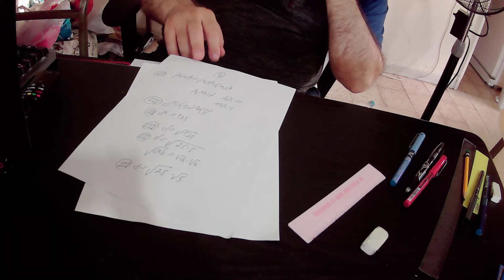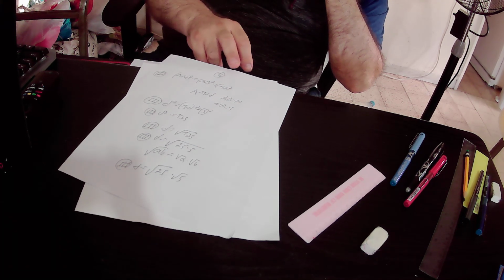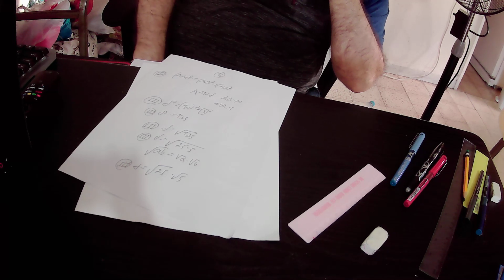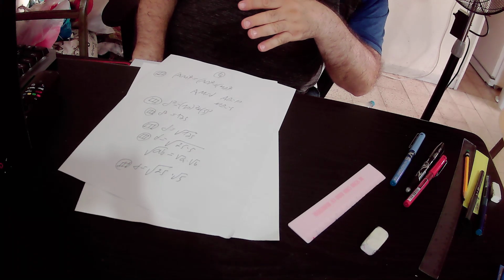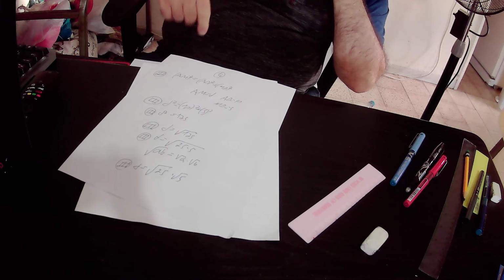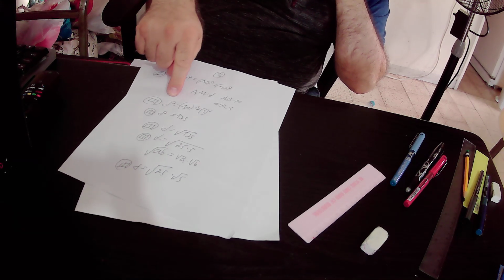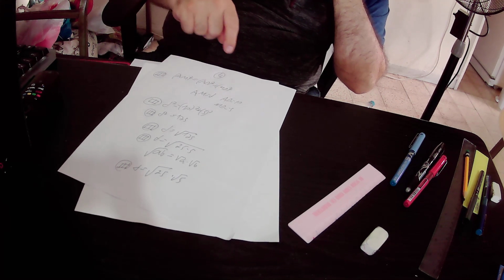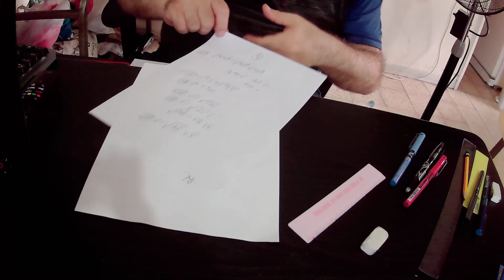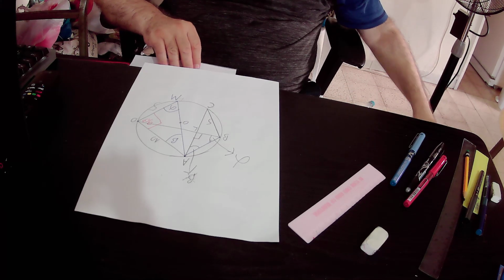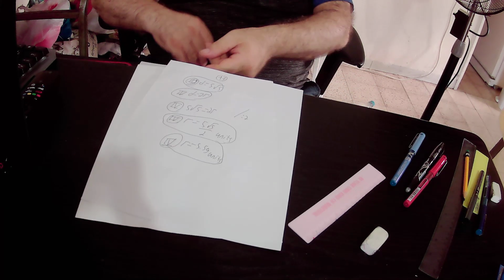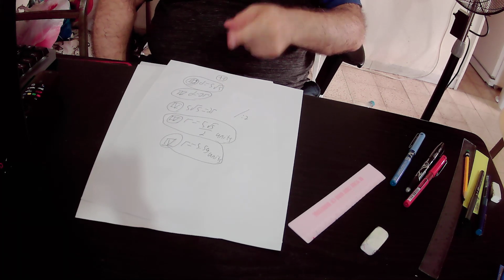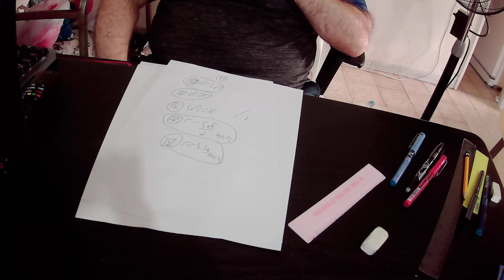So we can put the data in equation number 3 in order to find out the value of AM. We put the data, we got that D square equals 10 square plus 5 square, and at the end we found out that D equals 5 times root 5.